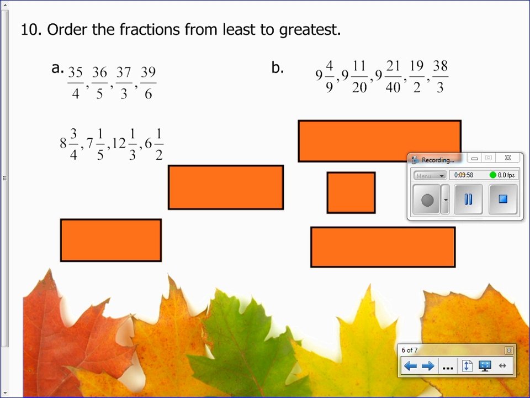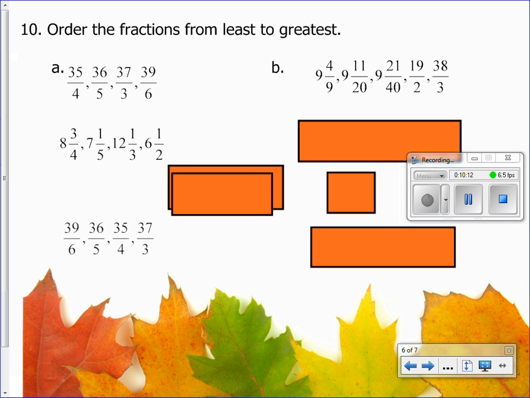Now we can compare the whole numbers to see if that helps us put them in order from least to greatest. Okay, so this one was relatively simple because the whole numbers were all different. So you put them in order from least to greatest in their original format.